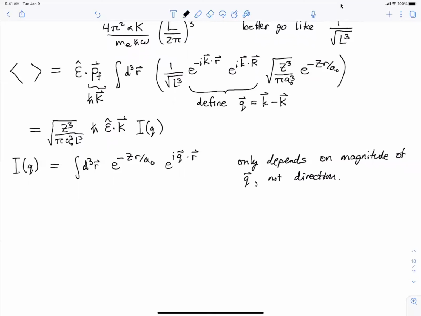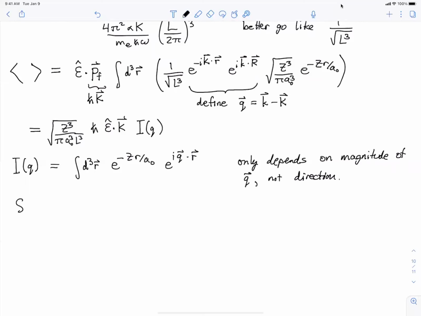Okay, and so what we can do, this is a very common trick, is once you recognize you're trying to do some integral and you notice that it depends on a vector, but only on the magnitude of the vector, then you get to choose the direction of the vector temporarily to be anything you want at your own convenience, secure in the knowledge that the answer can't depend on your choice.